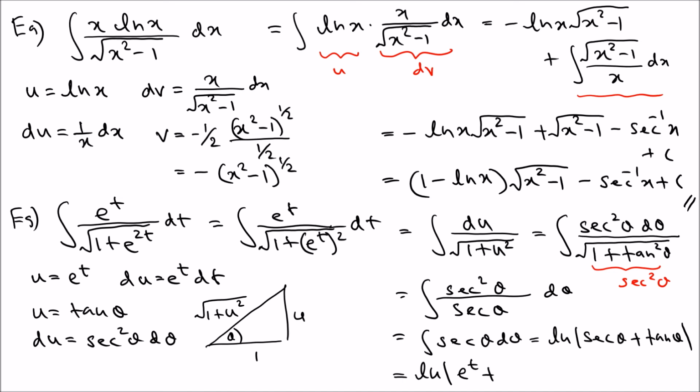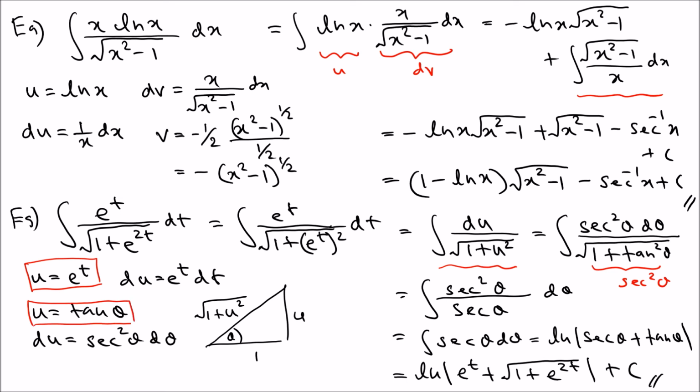So that means it's going to be the square root of 1 plus e to the 2t, plus c. So that's the final answer for this problem, and you can see that you use two different substitutions. First we use u equals e to the t. That brings it to a trigonometric integral, and in the trigonometric integral we also use another substitution, u equals tan theta.